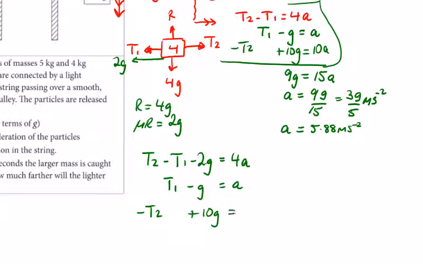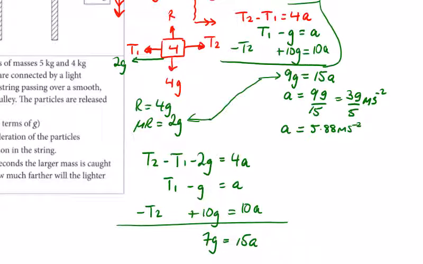You probably wouldn't have to go through all of this, but better to just do it. Take your time while doing these. There's no rush here. So you can see we're going to get 10 minus 3, so 7g is equal to 15a. The 15a stayed the same. All that happened was we were taking away another 2g, which was this mu R. So you can see the relationship from here to here.